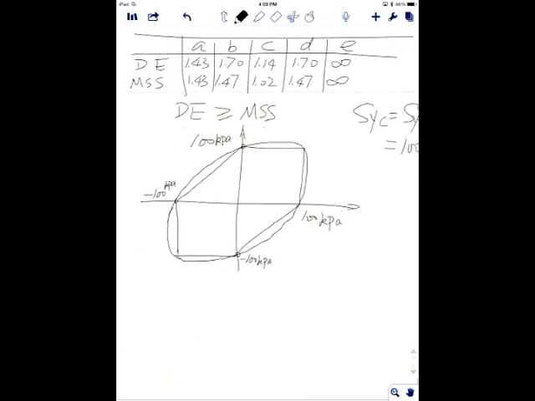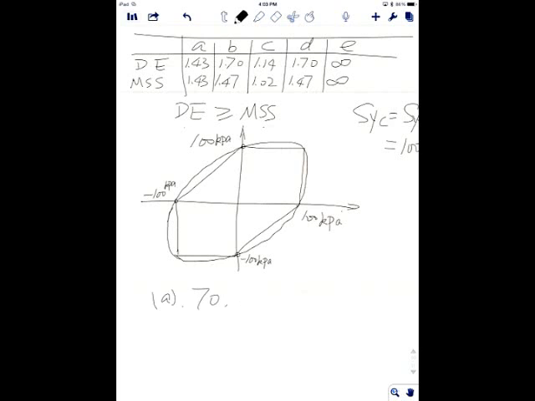Okay, so what I'm going to do next is see how we can describe those design safety factors on this plot. Case A has a load of 70 and 70, right? Remember this?